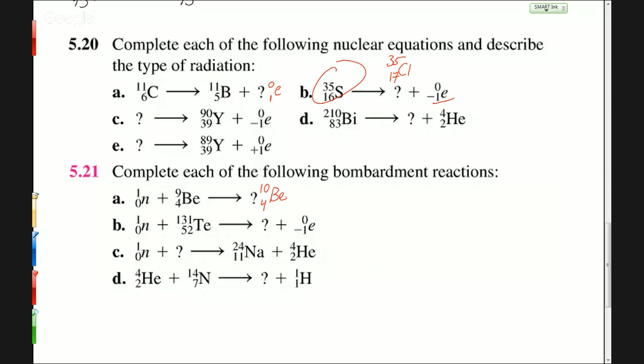So what's left there is, if we total these up, that's 132, and the total on the bottom is 52. So that means the totals on the other side have to be the same. So our question mark here, I'll write it over here for space, needs to be 53 and 132. And that's iodine.